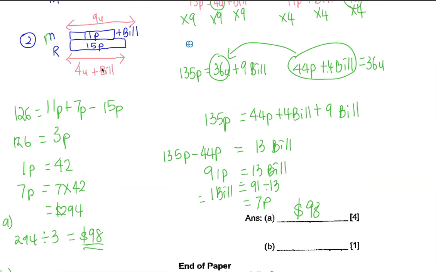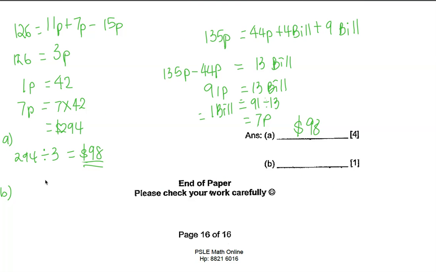All right, Roger is 15 parts, right? So we know one part is 42. So for Roger, 15 times 42, Roger should have $630, right, for Roger. As for Mary, she has $126 more than Roger.